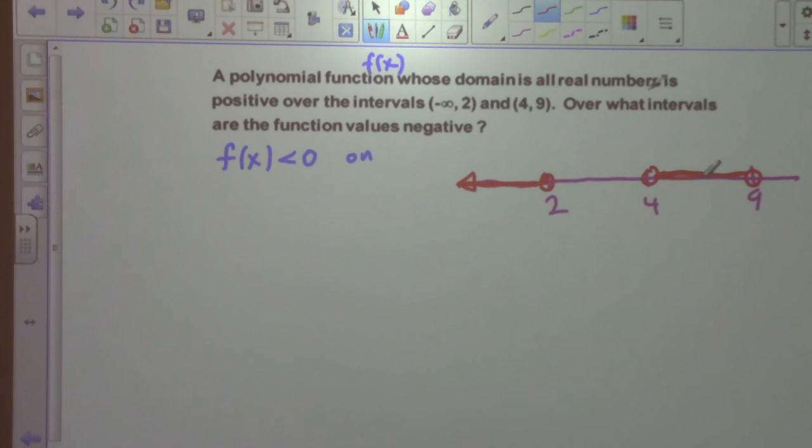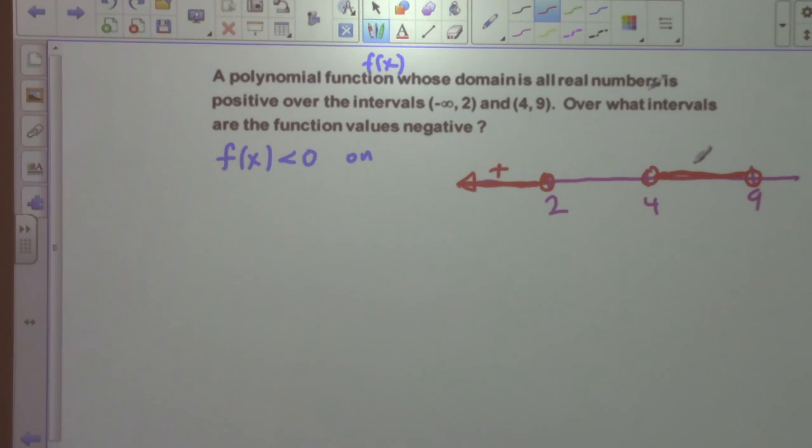So where are the values negative? From 0 to negative infinity? Well, 0 to negative infinity, we know they're positive, because that is included in this interval where things are positive.